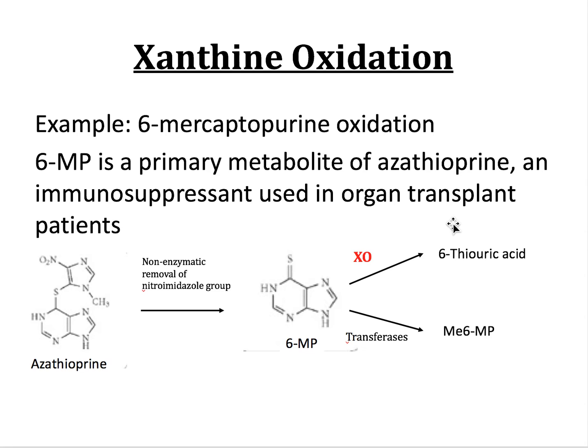Azathioprine is usually given as an immunosuppressant to people undergoing organ transplant, and that has different ways of forming the needed product. The 6-MP is the primary metabolite, which is formed from transferases, but xanthine oxidation can also form 6-thiouric acid.